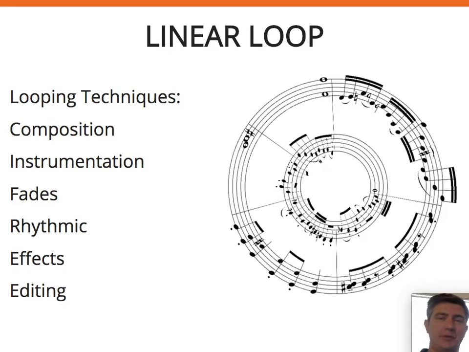Then you'll start needing these different techniques because a lot of times it'll just cut off the end of a file as it loops around. It feels like all of your instrumentation just stopped and restarted. So different techniques for actually creating seamless invisible loops are really key, and it all depends on how the music is composed.